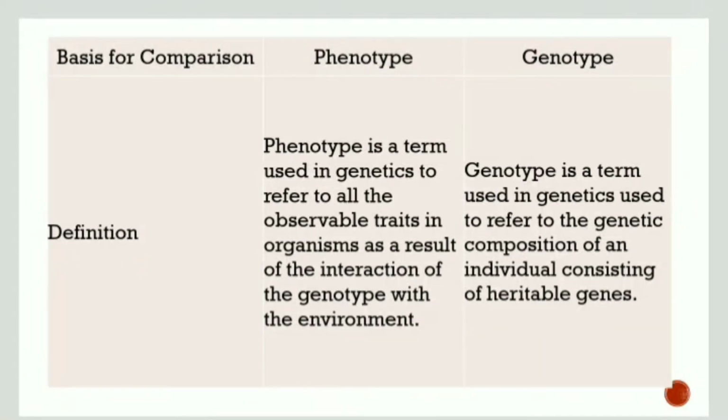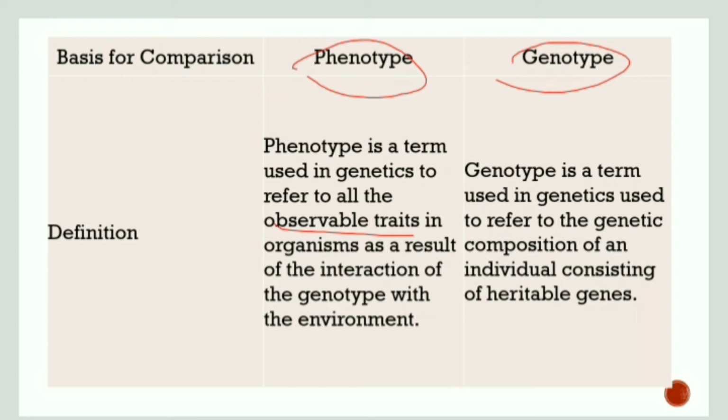So what is phenotype? Phenotype refers to all the observable traits in an organism. That is, all the observable traits, that is height of a person or eye color in a person, all these are known as phenotype. Whereas genotype is the genetic makeup in an organism. That is, it consists of all the heritable genes that is present in an organism.